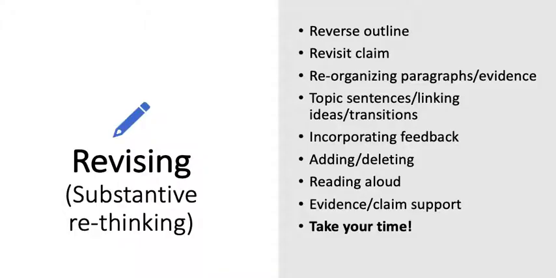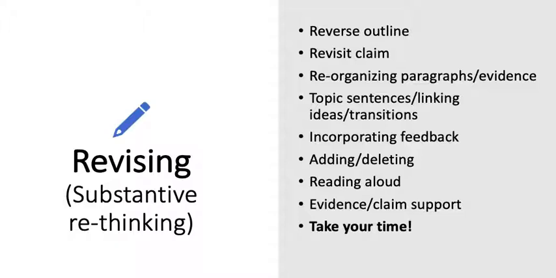As mentioned in the first module of the course, the revision stage of any piece of writing takes time. Let's review what goes into revising a draft for final submission. First, you have received some feedback from your peers on your reverse outline. Is there anything that needs your attention?